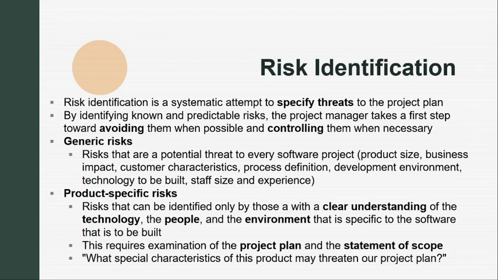Accordingly, we have to prepare a project plan and estimate the scope. We need to plan properly for risk and the project scope. The statement of scope has to be identified and examined, and finally, the special characteristics of the product are treated in our project plan. These are the things we identify during this process.